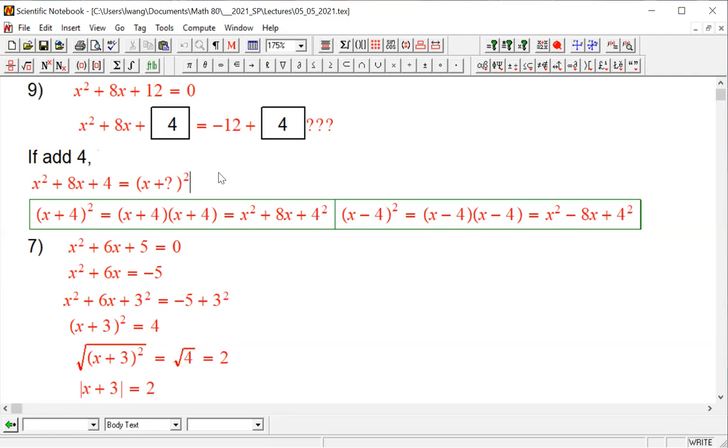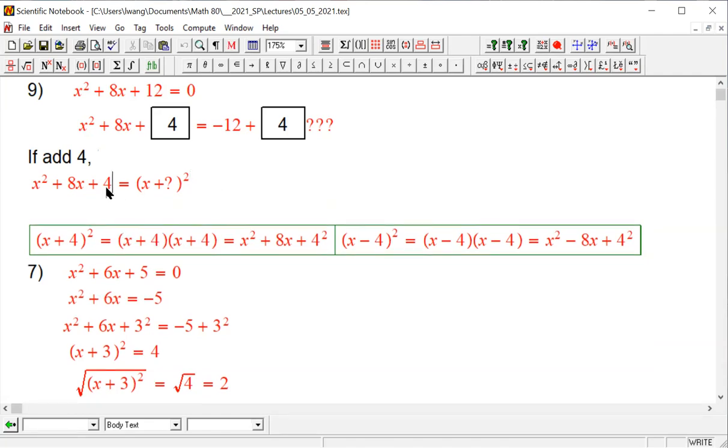Ellen, do you agree with adding 4? If we're adding 4 here, is it going to make the perfect square? So what number should be here for that perfect square?